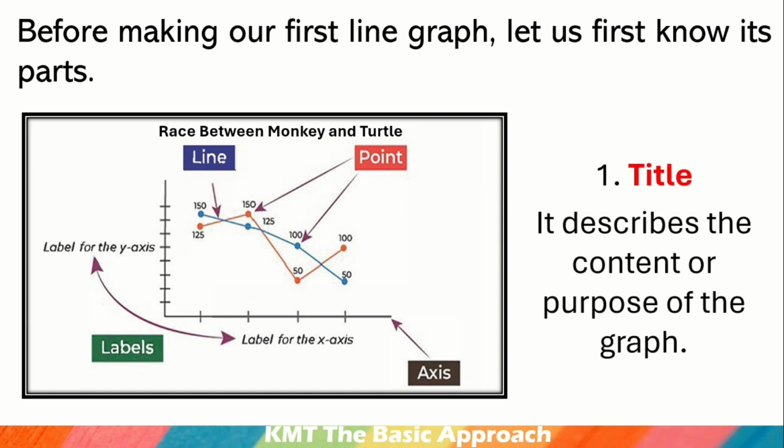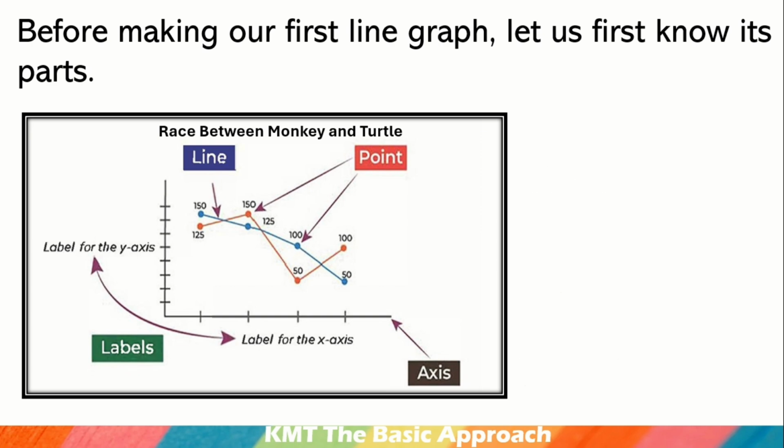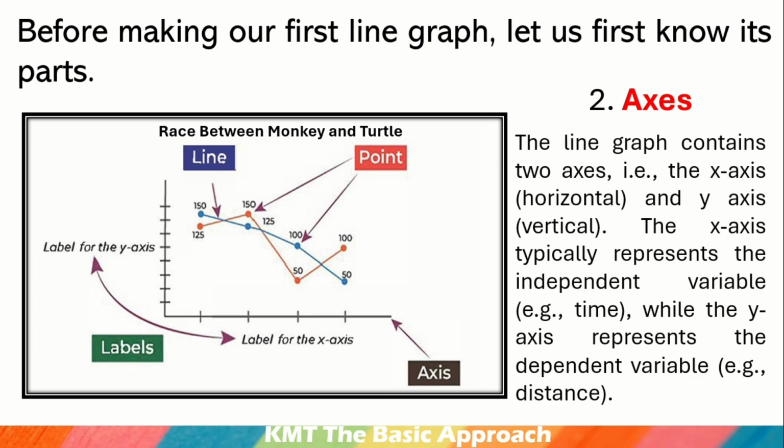Number 1 is the title. It describes the content or purpose of the graph. Number 2, axes. The line graph contains two axes, the x-axis or horizontal and the y-axis or the vertical. The x-axis typically represents the independent variable called time, while the y-axis represents the dependent variable called distance.